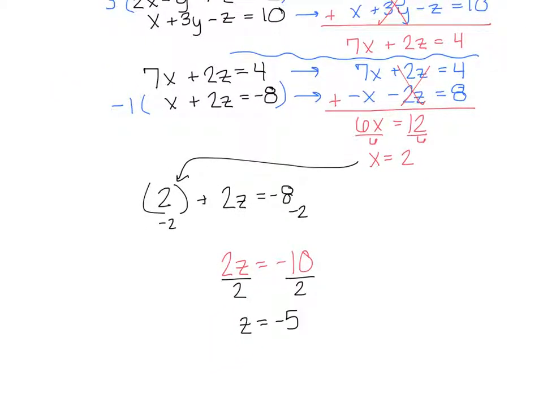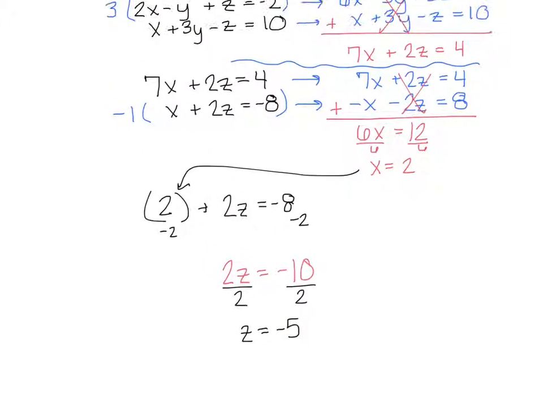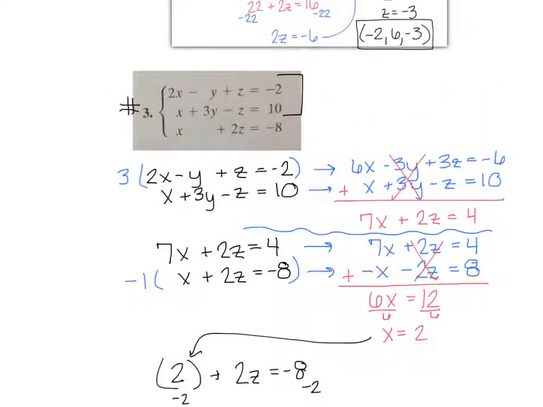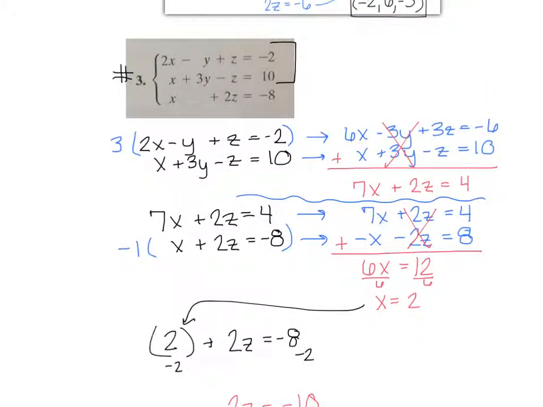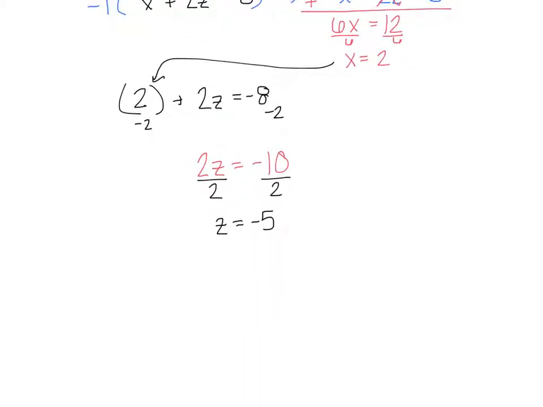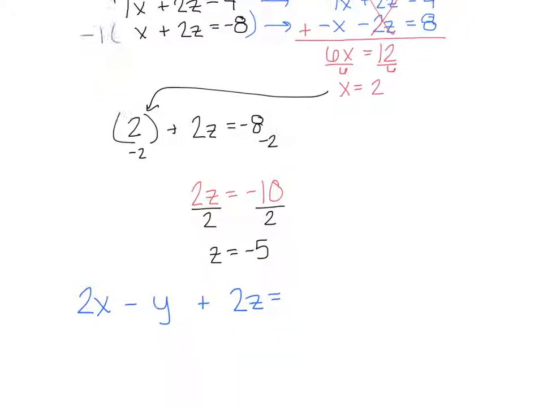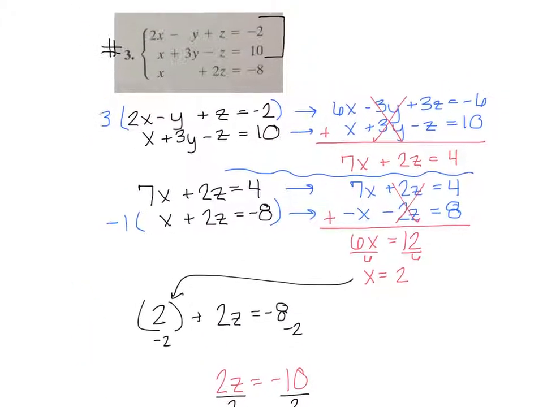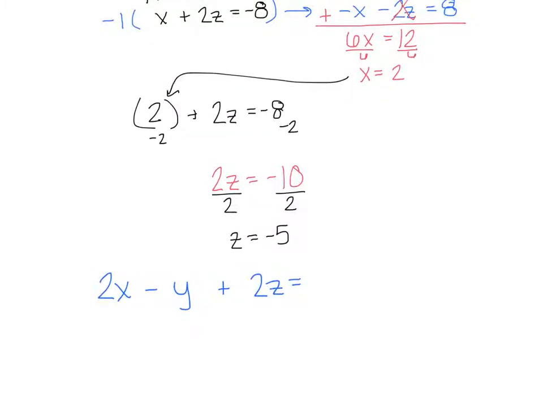So where do we go from there? We plug those in on one of the original ones that has a y in it. So do you want to do the first one or the second one? First one? Okay, let's do the first one. The 2x minus y plus z equals negative 2. Well, I wrote it wrong.